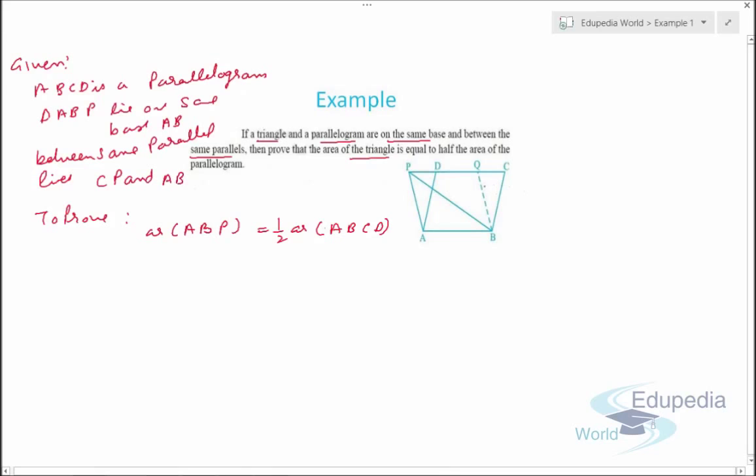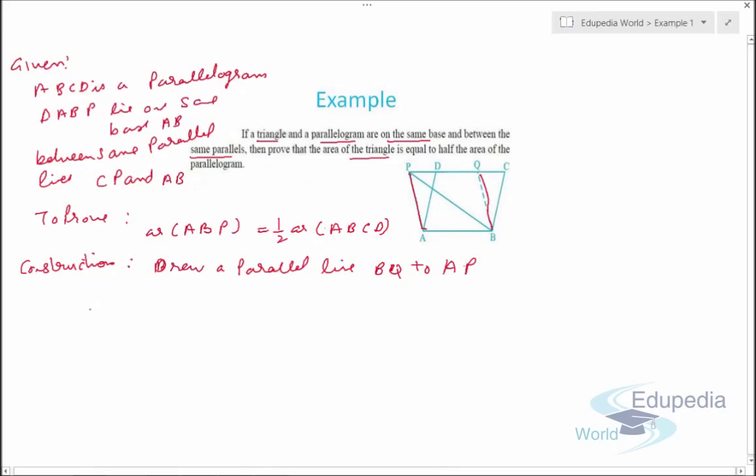For construction, we need to draw a parallel line BQ which is parallel to AP. So construction: draw a parallel line BQ to AP. Now let's see how we can prove this.